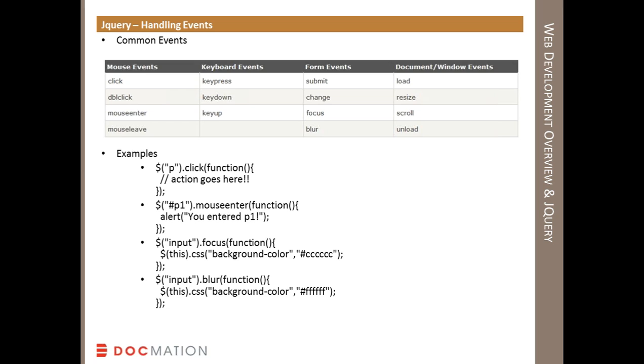You would use the load method. Resize is if you resize your browser window. Scroll is if you want to intercept scrolling. And unload is when the document is being unloaded and a different URL is being loaded up. So you can handle all of these events using jQuery, and I've put in a few examples on how you go about doing that.